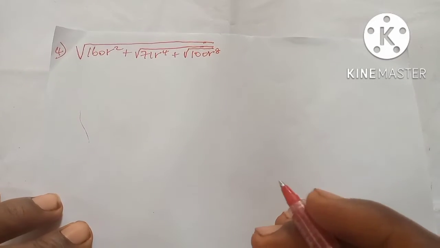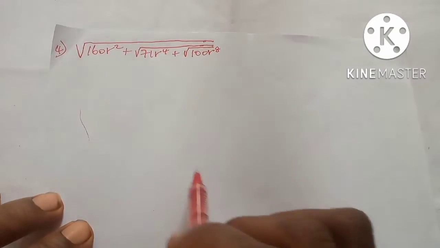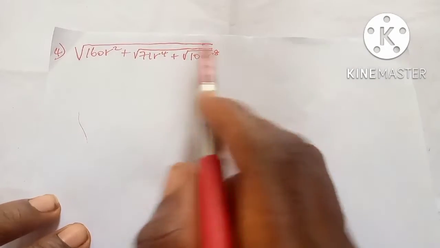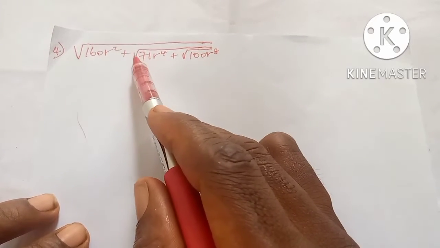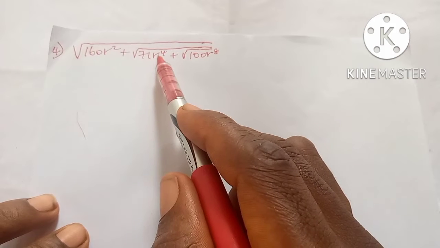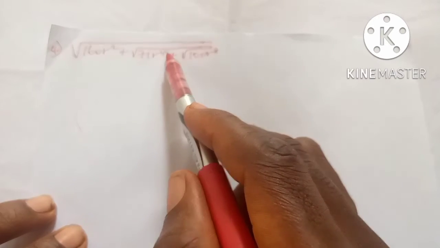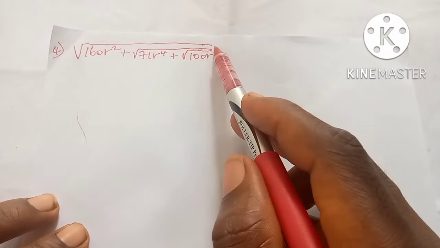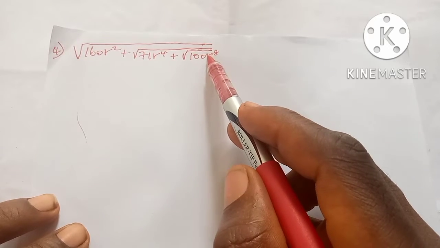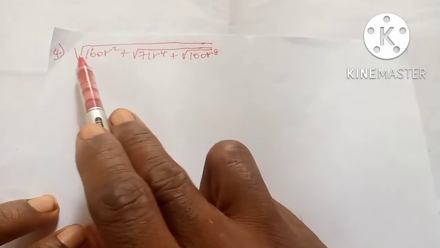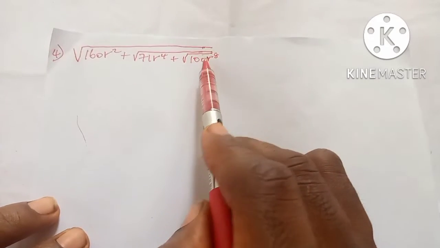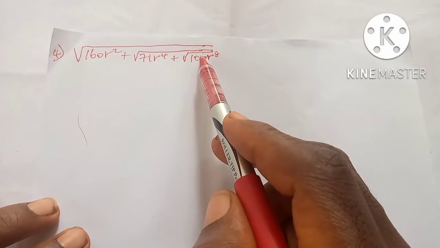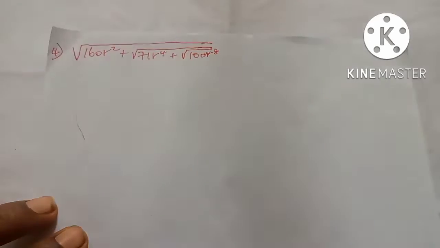So let's solve this last question. So we have square root of 160 r square plus square root of 71 r raised to the power 4 plus square root of 100 r to the power 8. Now this square root is covering this one, and then this one is covering this one, this one is covering this 100 r to the power 8.